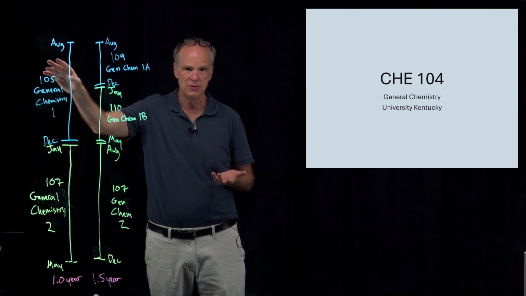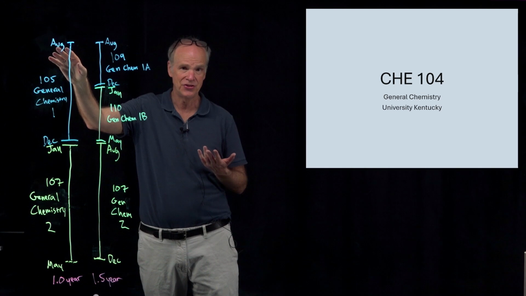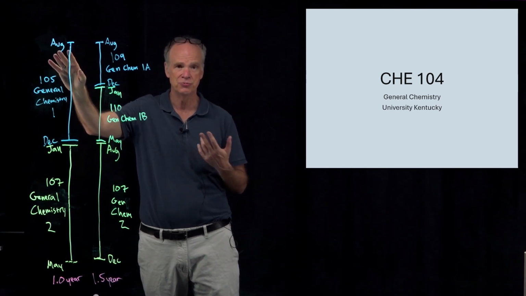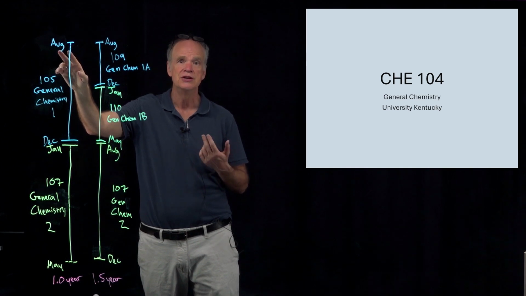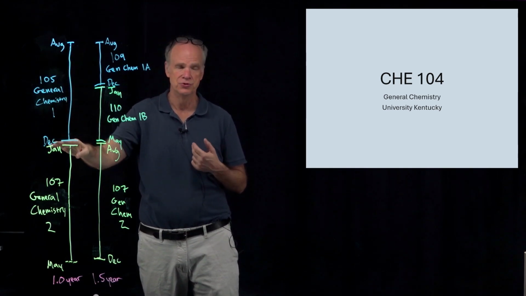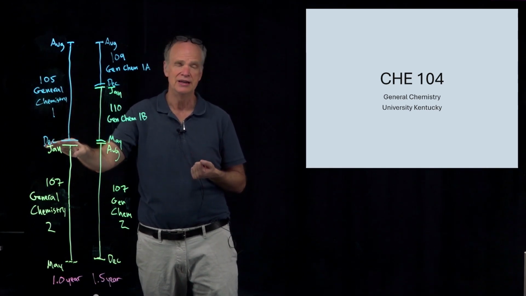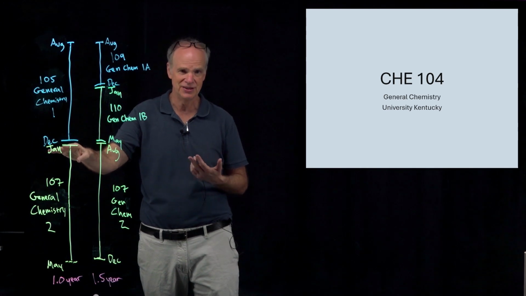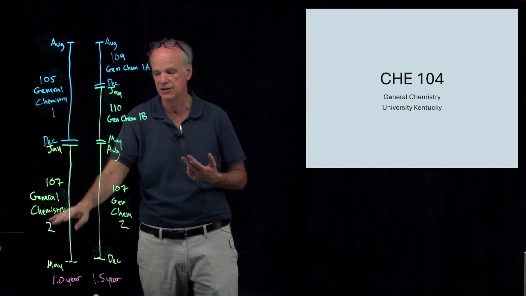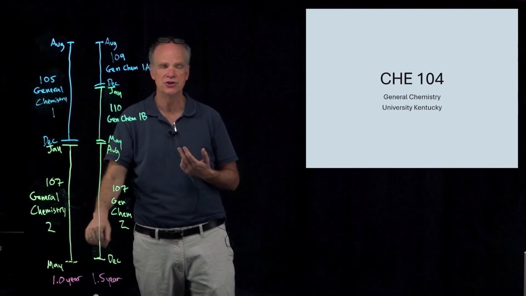You come in as a freshman and start in August, and if the traditional track is what you want, you would take Chemistry 105 and learn a lot of stuff through December. This is General Chemistry 1. Then you're not quite done yet. You have to take General Chemistry 2, which starts in January and ends in May. You cover a lot of material pretty quickly, and it takes you a year to do it.